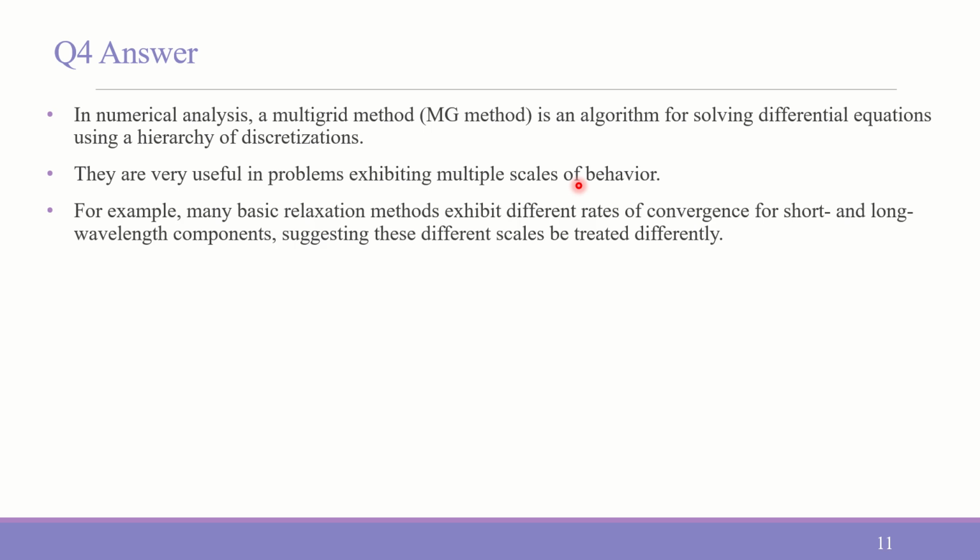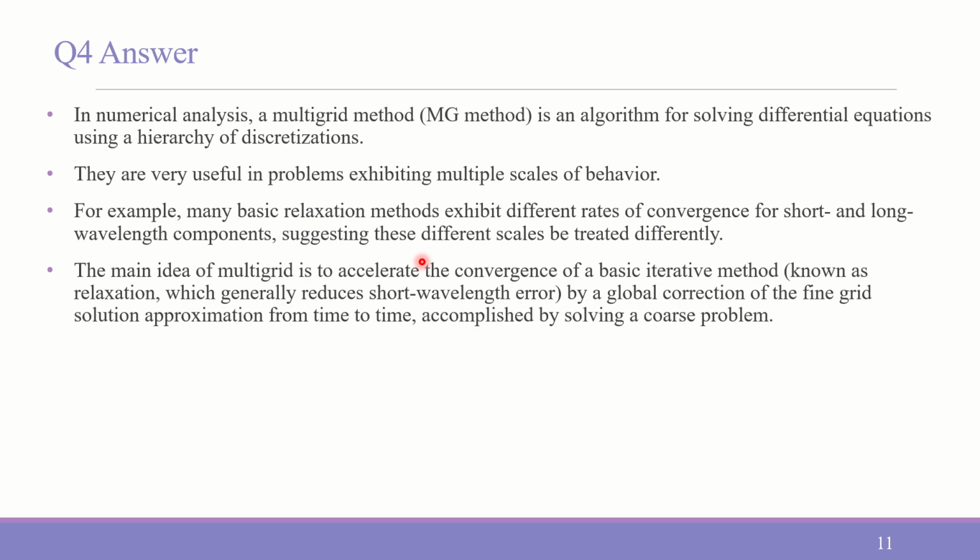For example, many basic relaxation methods exhibit different rates of convergence for short and long wavelength components, suggesting these different scales be treated differently. So we will be getting long wavelength error and short wavelength error. So if we solve it at different scales, it will be better for us to get the proper solution. So that's why we go for the multigrid method.